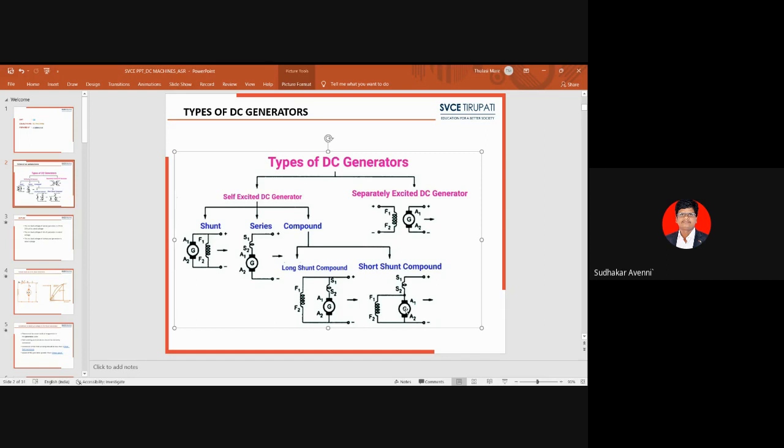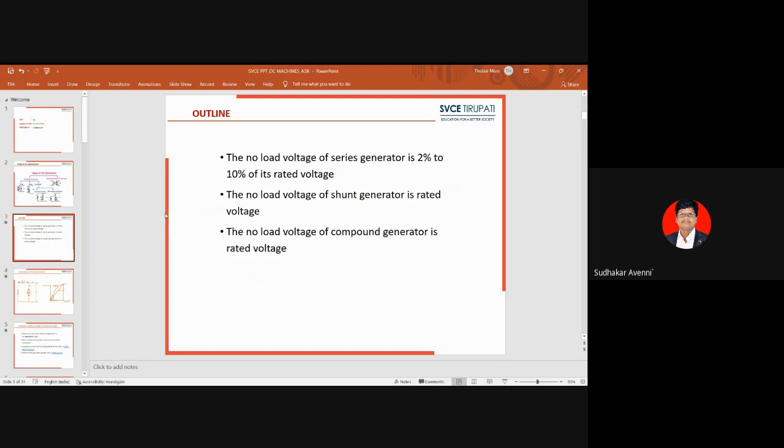Based on different applications, we categorize shunt, series and compound generators. Coming to the separately excited generator, its characteristics are similar to those of a shunt generator, but a separate source is required, which is a drawback for the separately excited DC generator. So this is regarding types of generators.